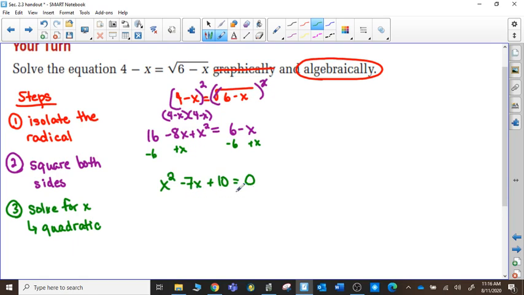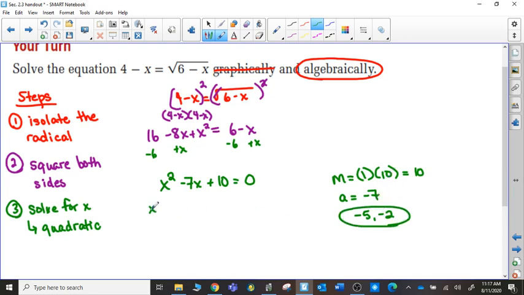And so when I have everything on one side, I'm going to factor it. That means I'm looking for numbers that multiply to my outside numbers, 1 times 10. So I'm multiplying to 10, and I'm adding up to my middle number, which is the negative 7. And that means that a negative 5 and a negative 2 would be the numbers that would do both.